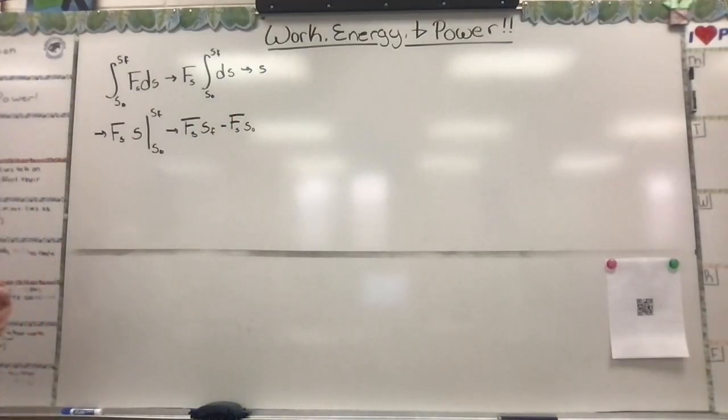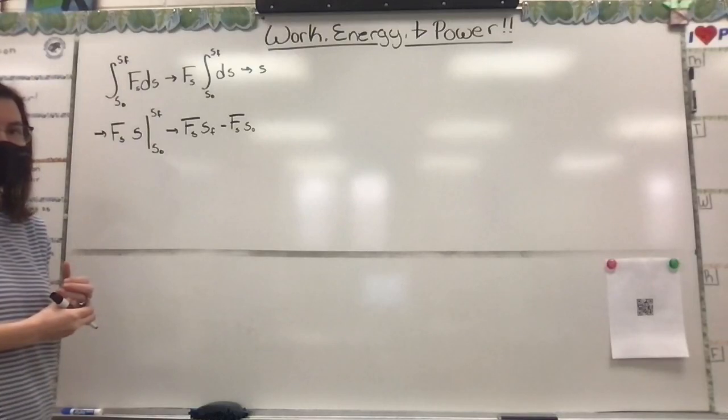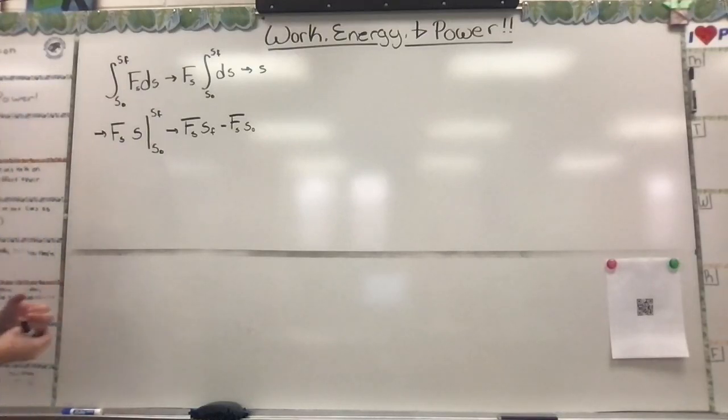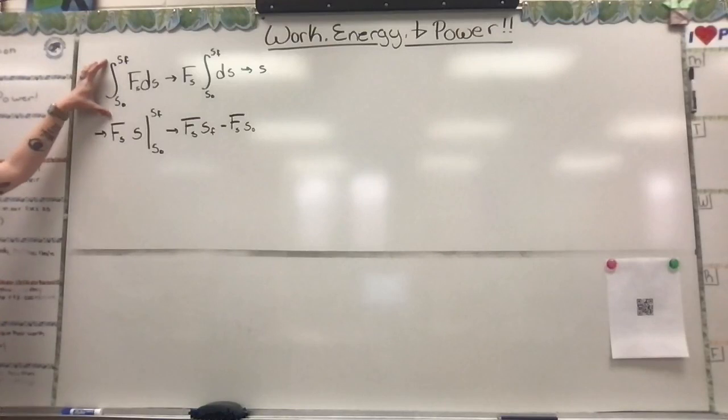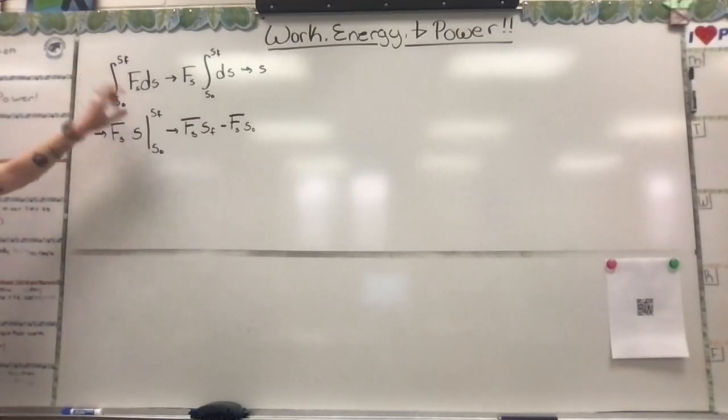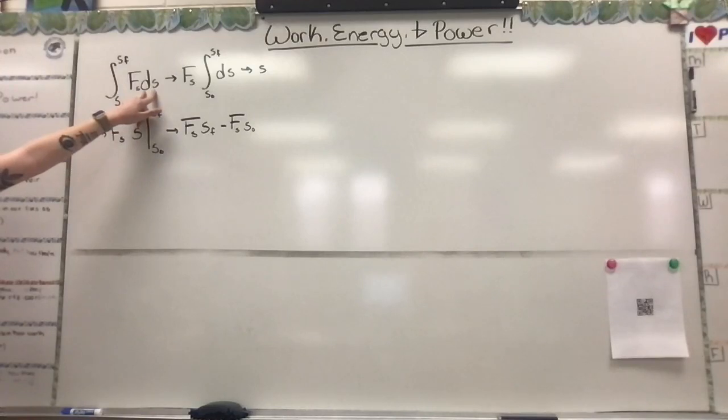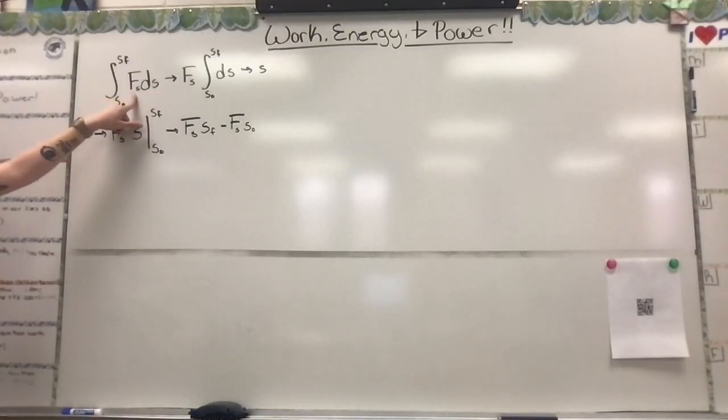This is a dumb question, but why is the force constant? Why we consider the force to be constant here is because with this integration, what's changing is position. That's what the ds tells us. It tells us that only the position is changing, which means the force isn't considered to be changing within this integral, or else it would be df.